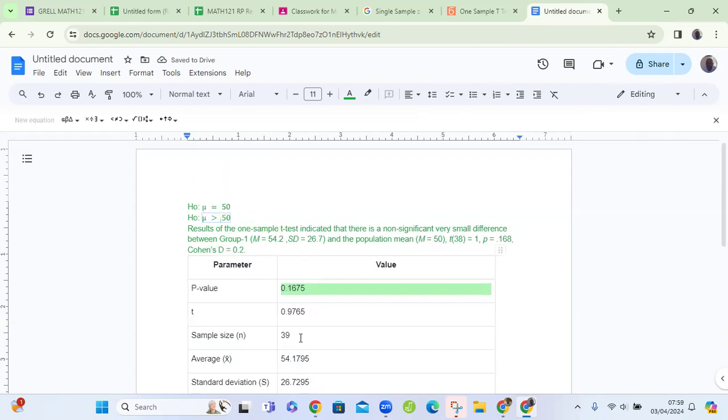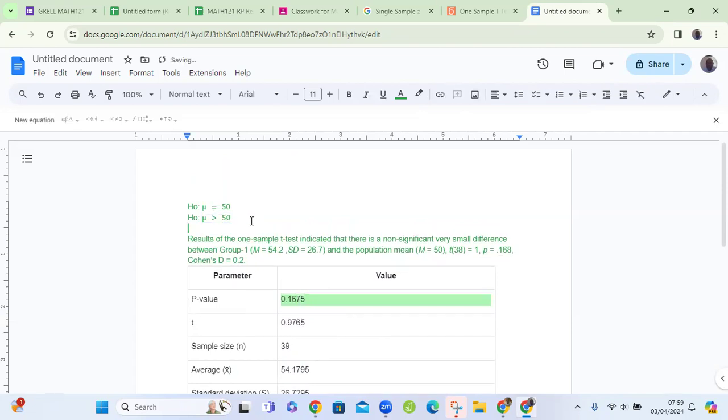Now, if you realize, our p-value is 0.1675. So we have to keep the null. Bear that in mind. It's not mentioned here, but we can type it in.